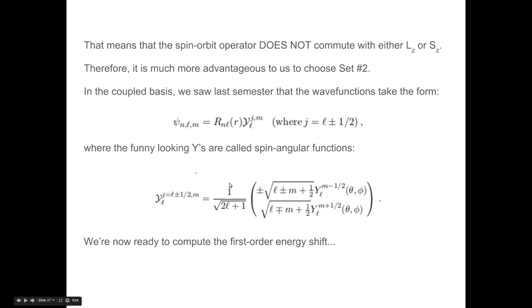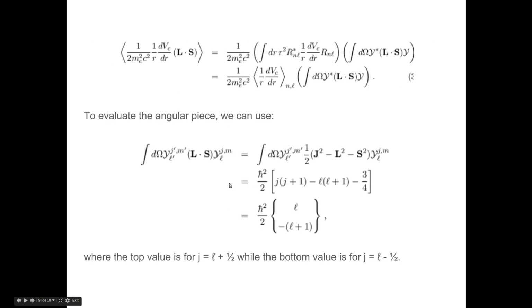And so we can get started by computing first order energy shifts. The expectation value, because we're in a diagonal basis, so we don't have to worry about any off diagonal terms, looks like this. And we can easily split this into the radial piece, which depends on the radial wave functions and the Coulomb piece, and the angular piece, which depends on the spin angular functions and the orbital angular momentum.